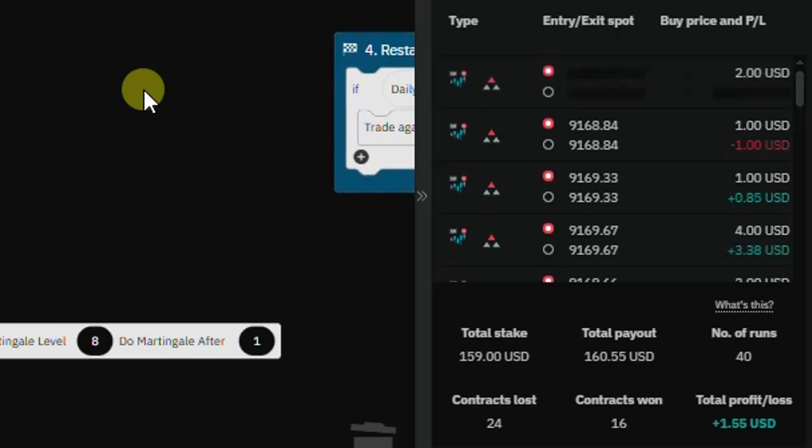You can clearly see that I've just entered the market, no analysis. Of course, the number of runs are increasing and the bot is just doing its thing, trading. Based on the statistics that I have over a period of at least a week, I notice that this market is predominantly odd.